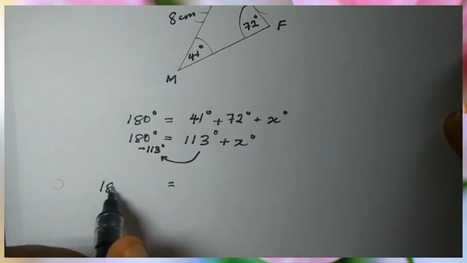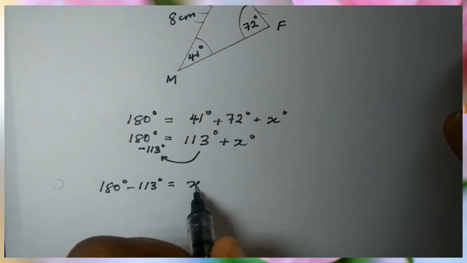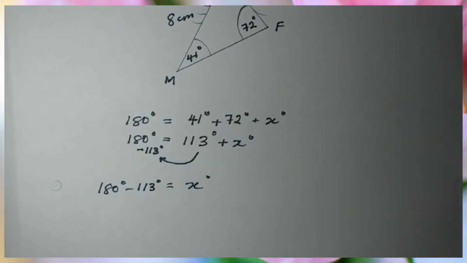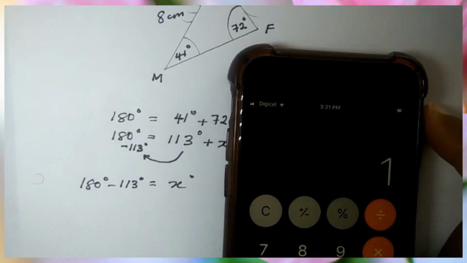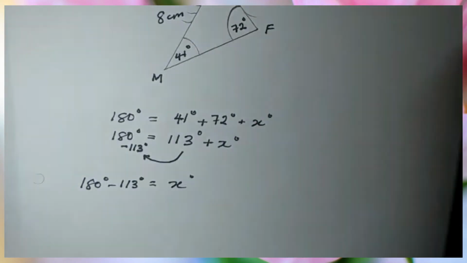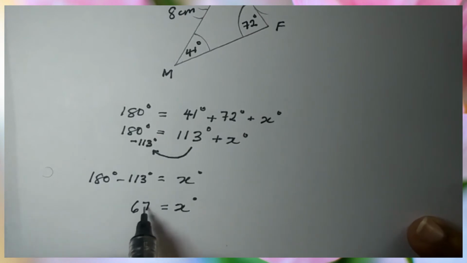When I put that in my calculator, 180 take away 113 gives me 67 degrees. So the size of angle x is 67 degrees.